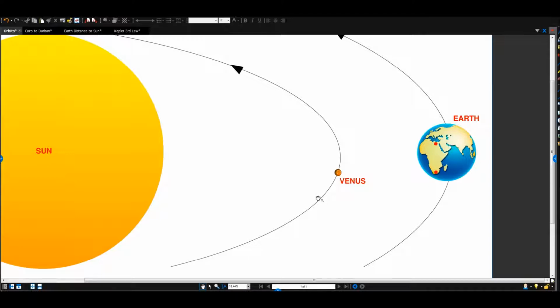Parallax, if you can imagine, you put your finger in front of your face, just a few inches, few centimeters in front of your face, close one eye and look at your finger, and then close the other eye and look at your finger, and it appears to move compared to the background, right? The same thing happens here. Imagine Venus is your finger. This is one eye in Cairo and one eye in Durban. As you close one eye, Venus will appear to move just like your finger.